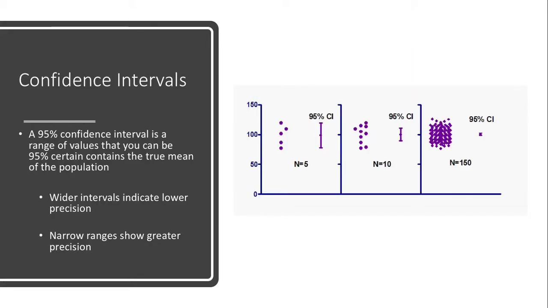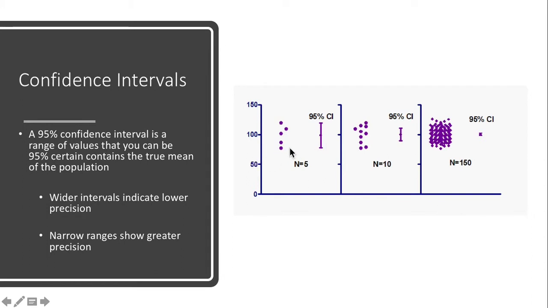Now, confidence intervals, specifically a 95% confidence interval, is a range of values that you can be 95% certain includes the true mean of the population. Bottom line is, if you have wider intervals, you have lower precision. And so you're going to see a larger spread.